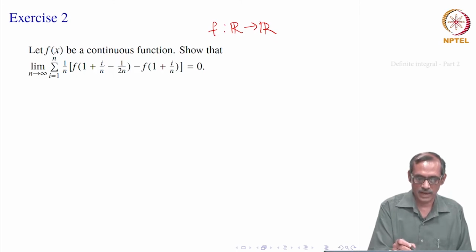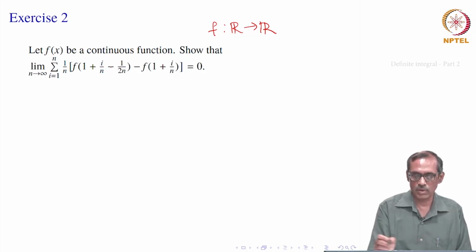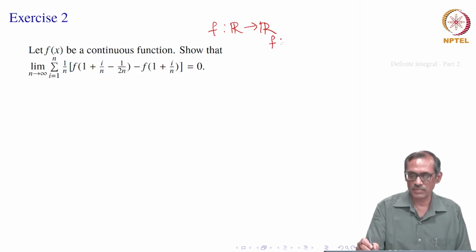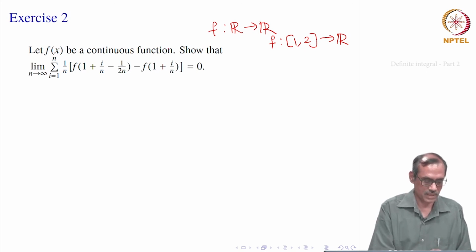If you take i equal to n, that will be the maximum value of this point, 1 plus i by n minus 1 by 2n, that is 2 minus 1 by 2n. So, when you take n goes to infinity, that will give 2. So, it looks like we have to define the function on the interval 1 to 2, to evaluate this limit.